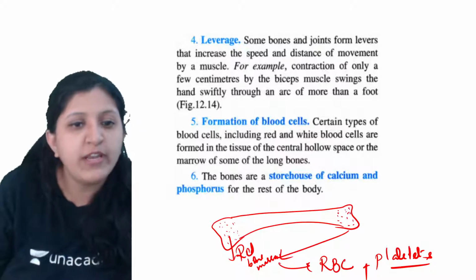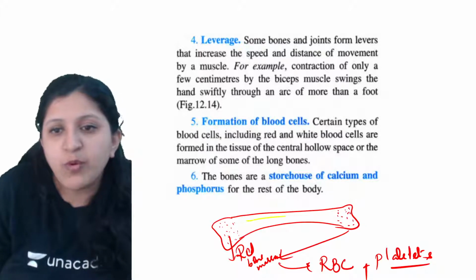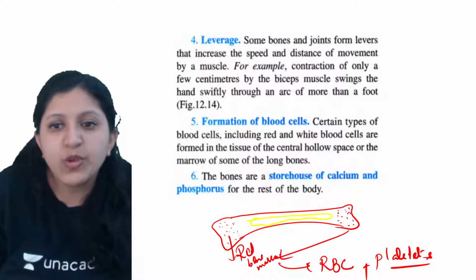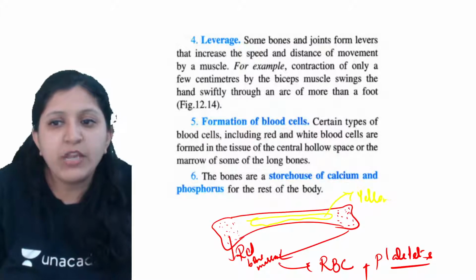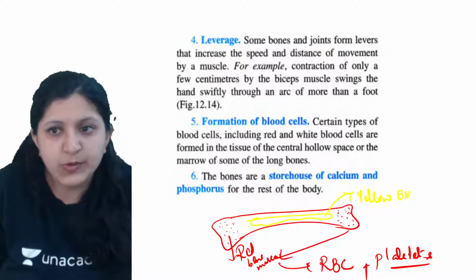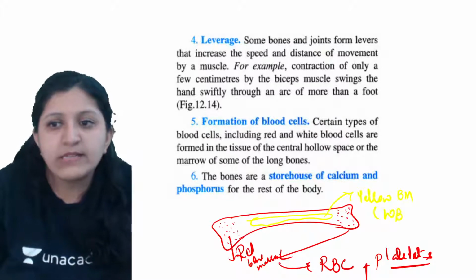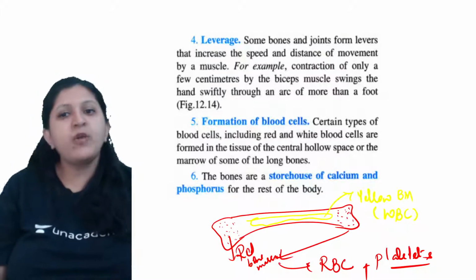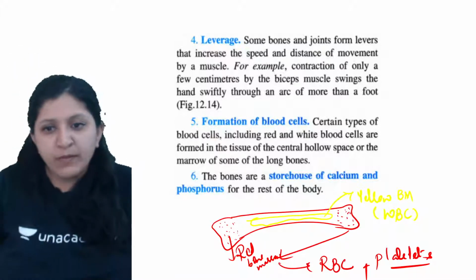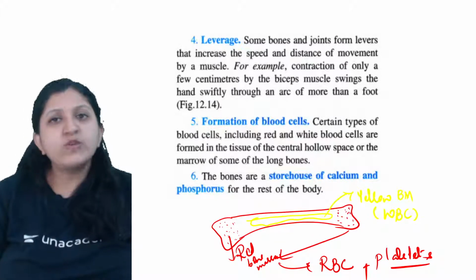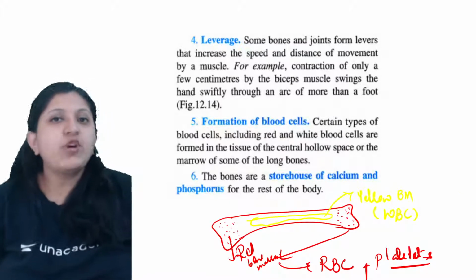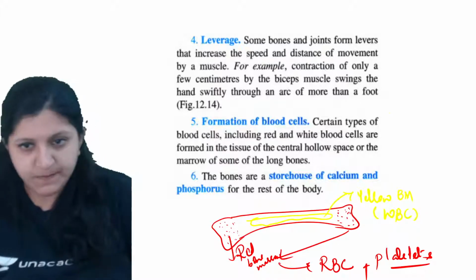The yellow bone marrow is found in the center over here, and it is responsible for formation of WBCs. WBCs are synthesized in the yellow bone marrow, and at the red bone marrow you can see RBC synthesis and also platelet synthesis, because of the megakaryocytes.